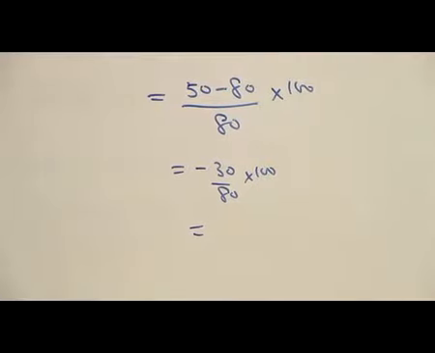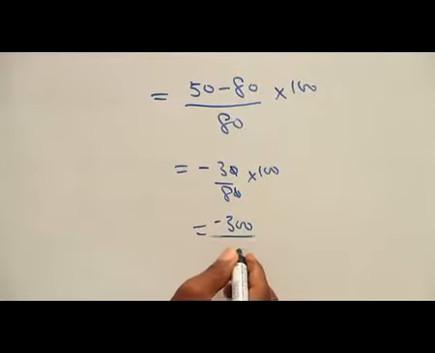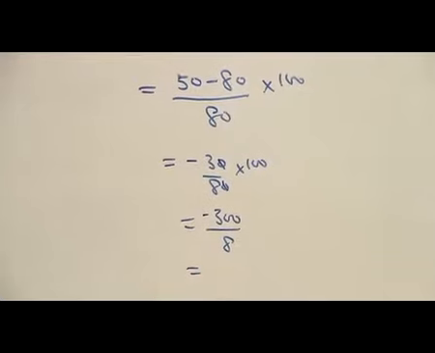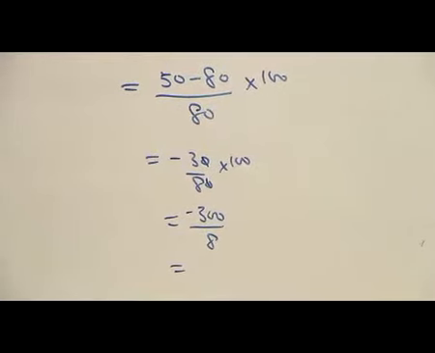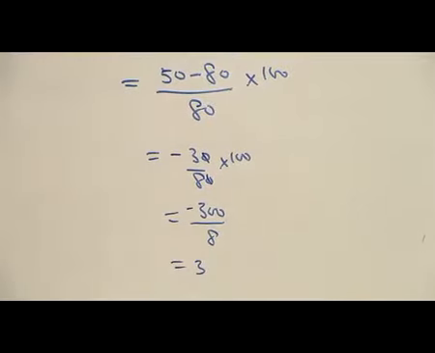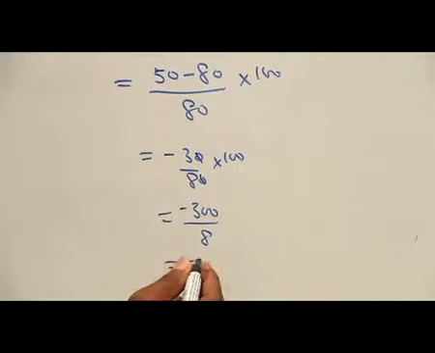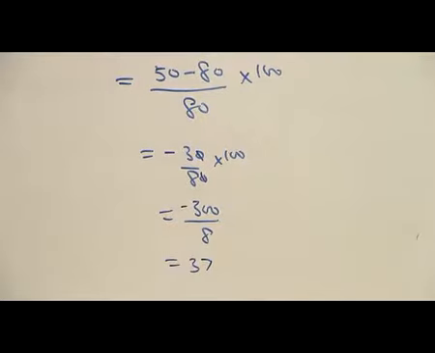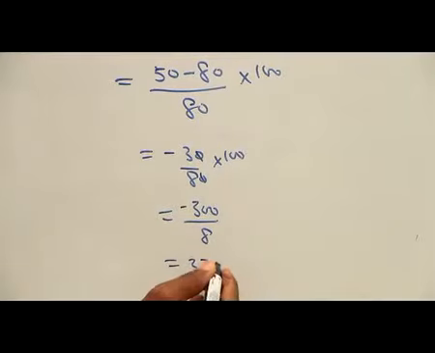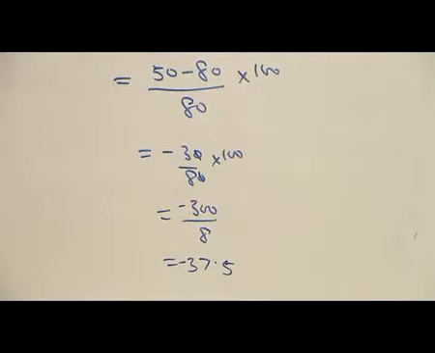At the end, we are going to have minus 300 over 8, and the final answer is minus 37.5.